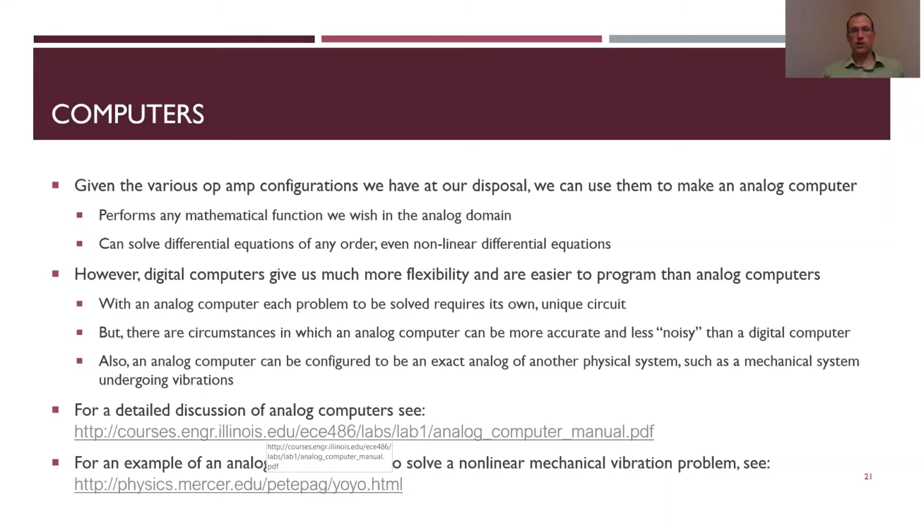Another advantage is that the analog computer is configured to be an exact analog of some physical system that you're trying to model. So for some mechanical system undergoing vibrations, you can model that with these analog computers. If you want to see detailed discussions of that, there are some websites here, examples of those, if you want to go through those and see them.